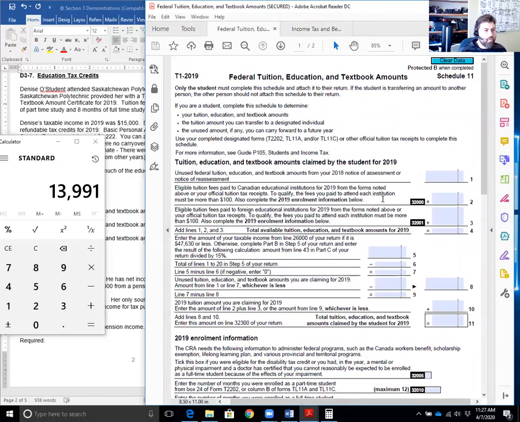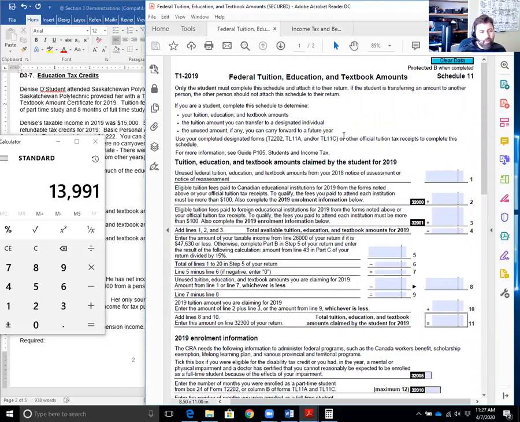All right, so if we read through the form, we just go to the top of the page. It says only the student can fill this out. And these 3 bullet points are what the question's asking us to do. So we're supposed to figure out our tuition, education, and textbook amount, the tuition amount we can transfer to a designated individual, and any unused amount we can carry forward.